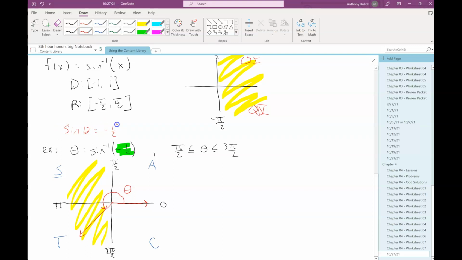So that's why I know sine has to be negative. Okay, I get it. Is everybody on board with what we've constructed so far? All right. So this angle that's formed between the x-axis and the terminal side of my angle, I'm going to refer to as theta.